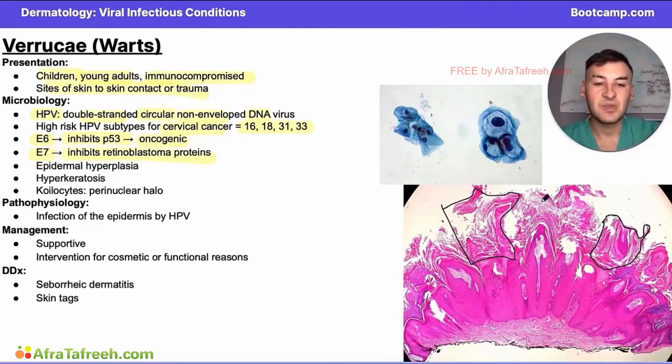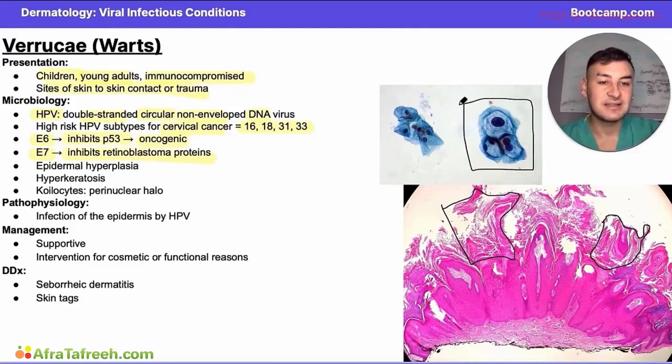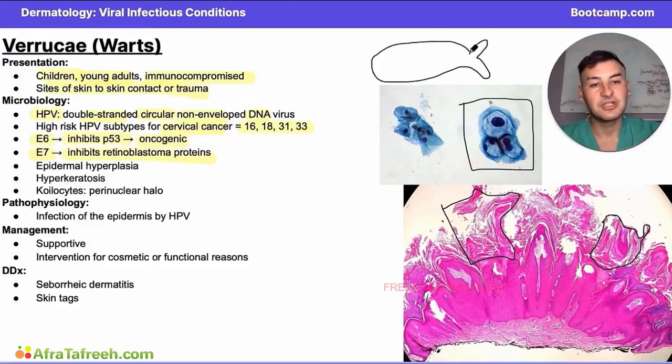So the other thing is if you were to look really close under the microscope, you would see what we call koilocytes. And these are HPV-infected skin cells. And the way I like to remember koilocytes is, to me, they look like koi. So I'm going to draw a little koi here. And koi are beautiful fish that have big eyes and big mouths, right?